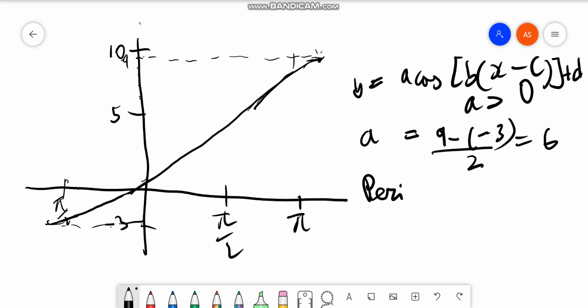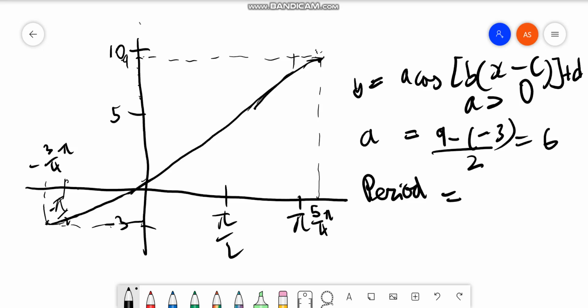Now let's find the period. So this point is -3 over 4 pi, and this point is 5 over 4 pi.